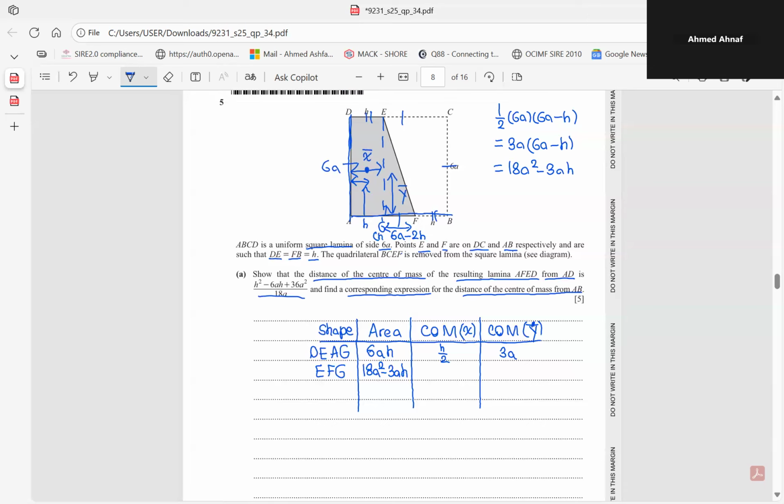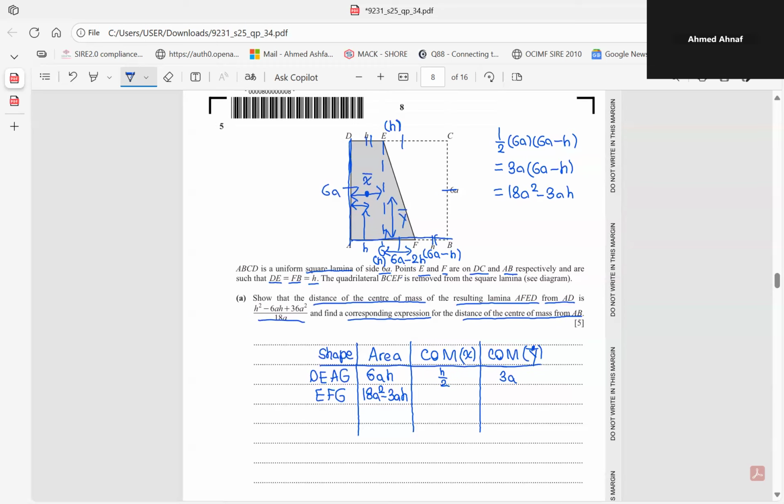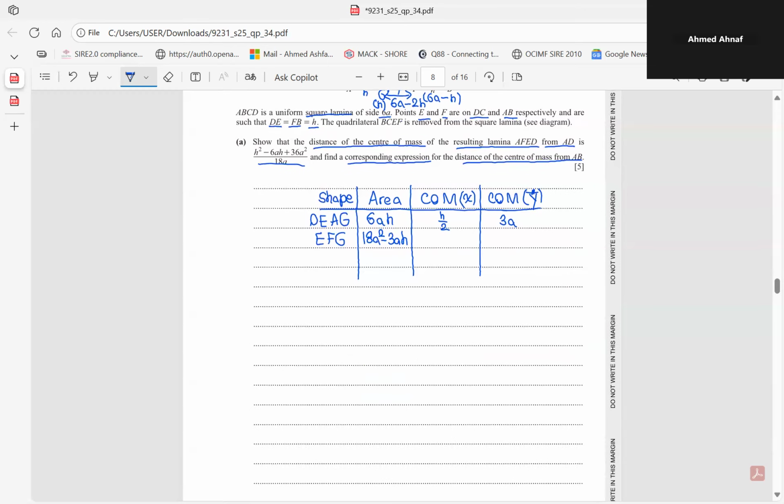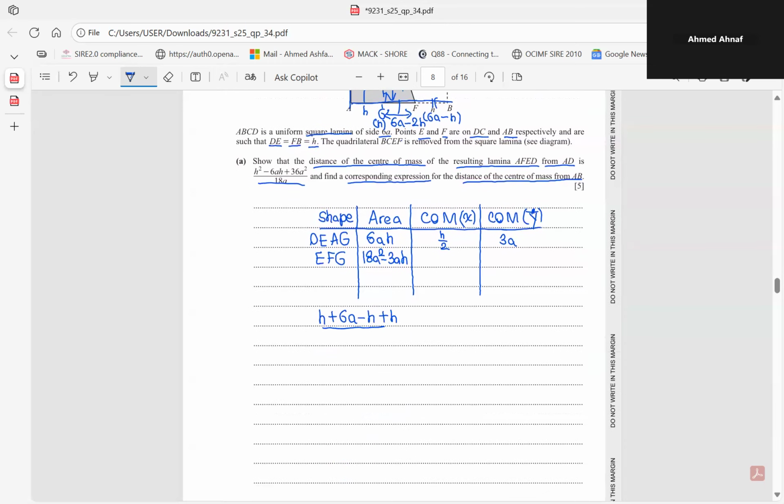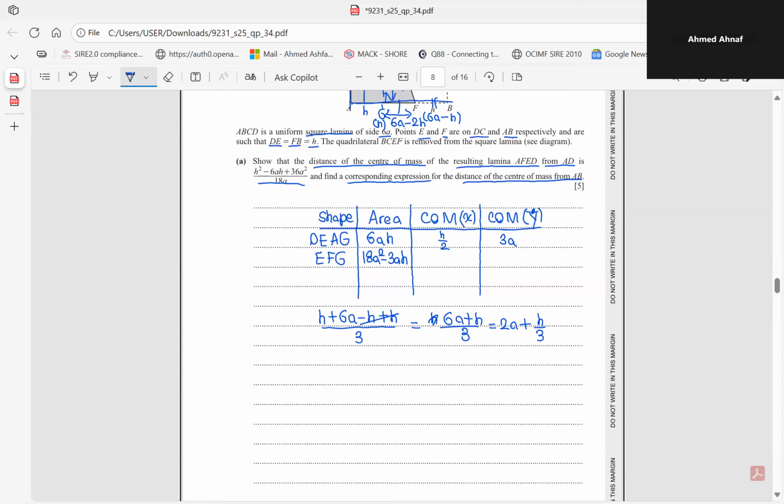So G is H, F is 6A minus H, and then E is H. Now you add these up all together, H plus 6A minus H plus H over 3. So minus H plus H cancels out. So you just get 6A plus H over 3. So 6A over 3, that's 2A plus H over 3. So this is the final answer, 2A plus H over 3.